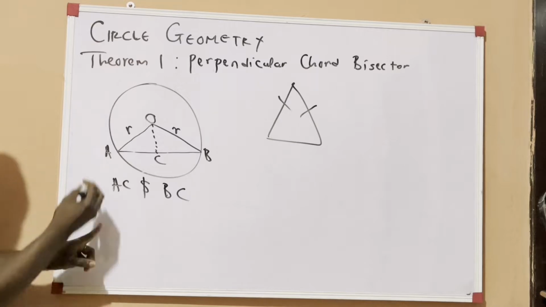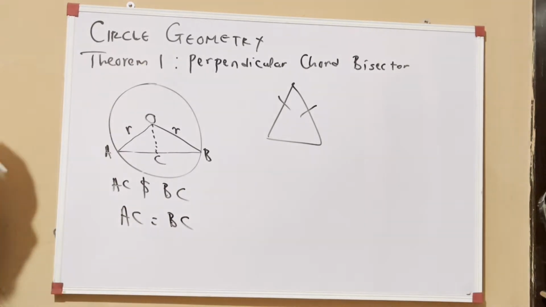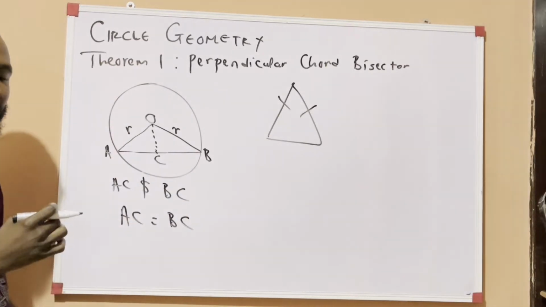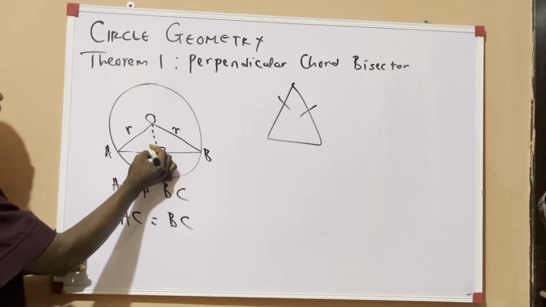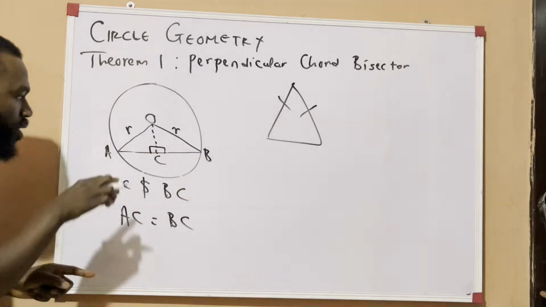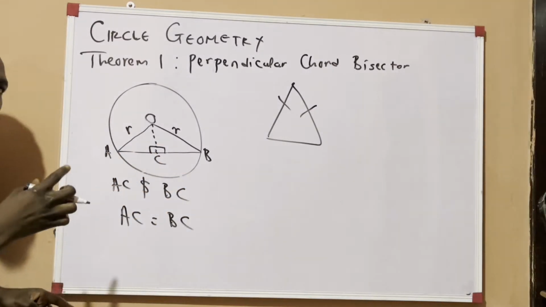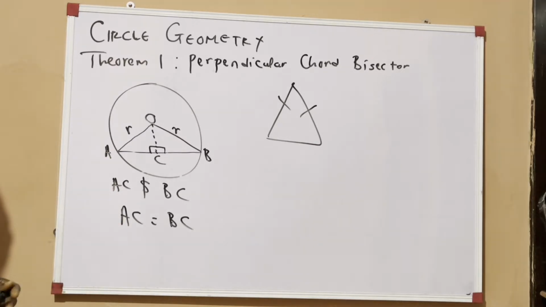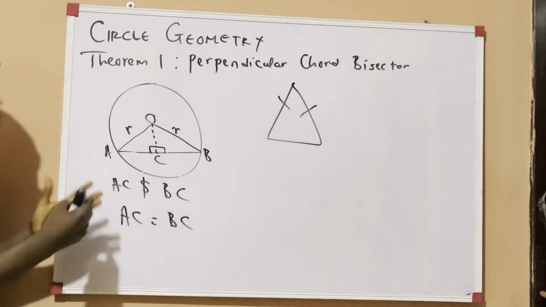But don't forget, AC is equal to BC because the line divides the length into two equal parts. Also, angles of 90 degrees are formed, such that 90 plus 90 gives us the sum of angles on a straight line, which is 180 degrees. So this is how your perpendicular chord bisector theorem looks.